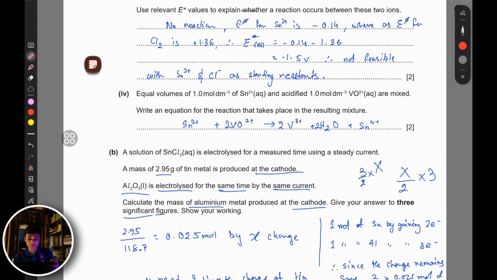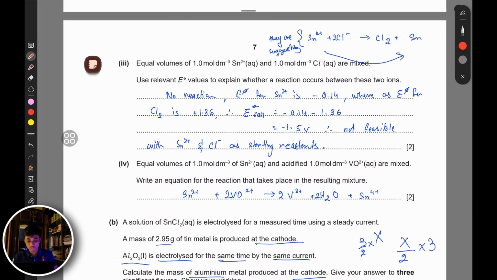So therefore, the reaction is not going to take place since the electrode potential of Sn2+ is minus 0.14 and the electrode potential for chlorine is 1.36. So the Ecell is minus 0.14 minus 1.36.